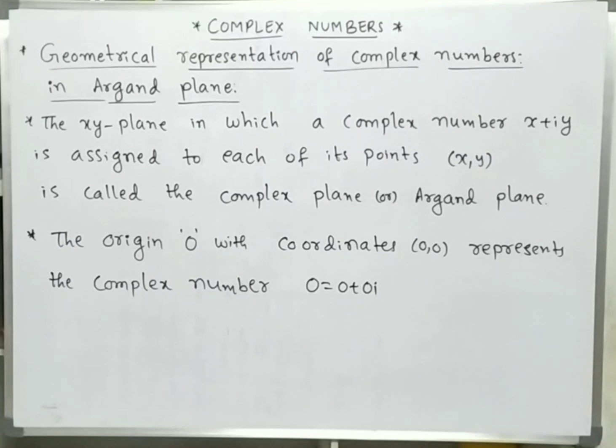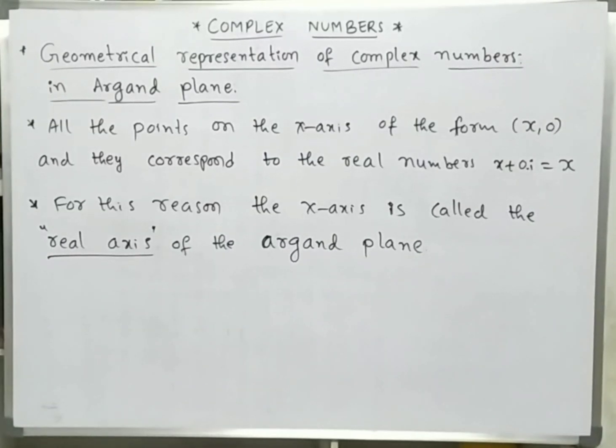The xy plane in which a complex number x plus iy is assigned to each of its points is called the complex plane or Argand plane. That is the definition. Now the origin with coordinates 0, 0 represents the complex number 0, that is 0 plus 0i. All the points on the x-axis of the form x, 0 correspond to the real numbers x plus 0i, which is equal to x.